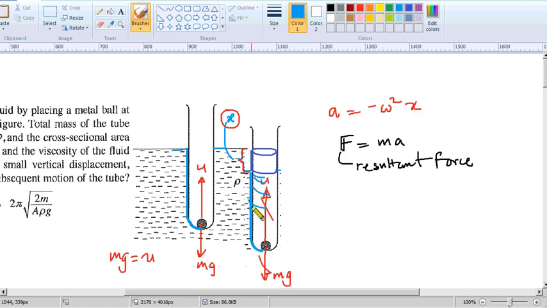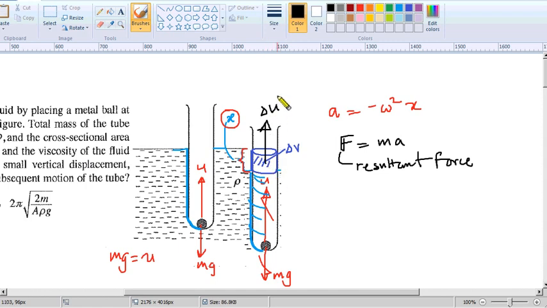So let's assume this extra volume is delta V. So there is an upthrust delta U by that particular part of the test tube.